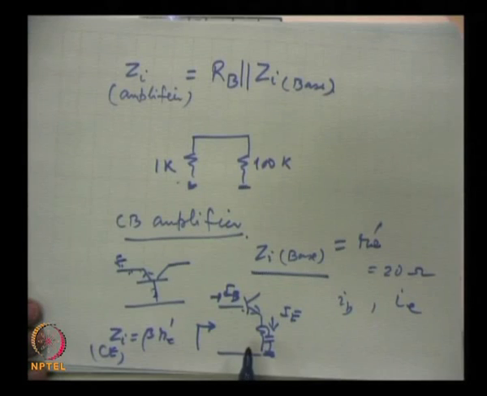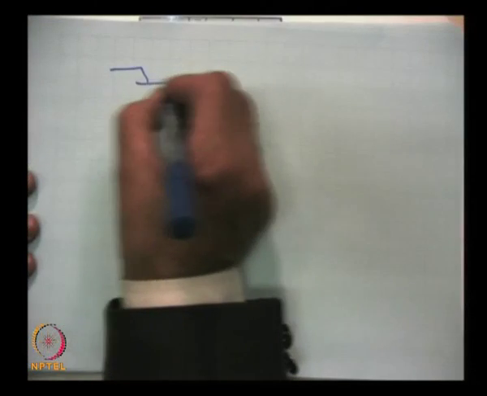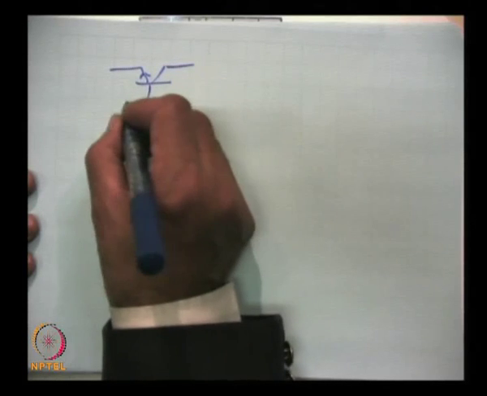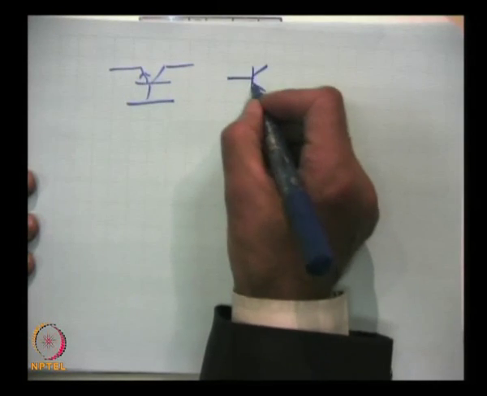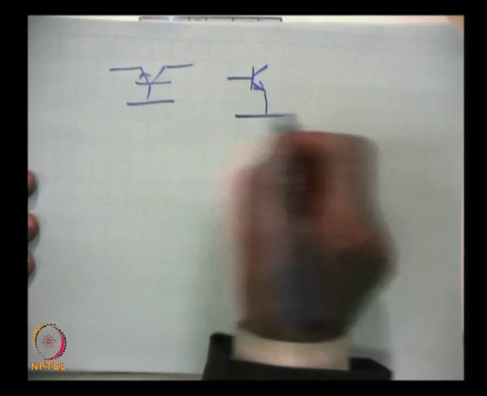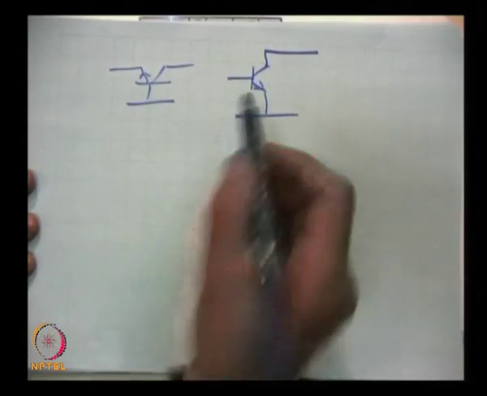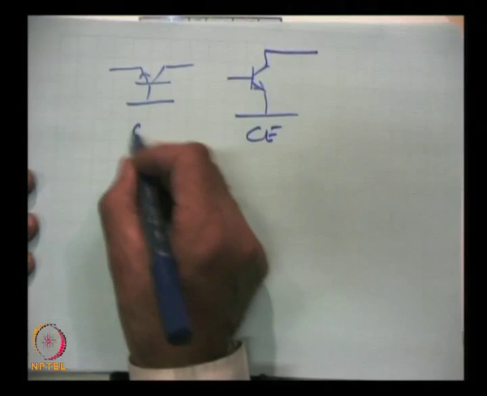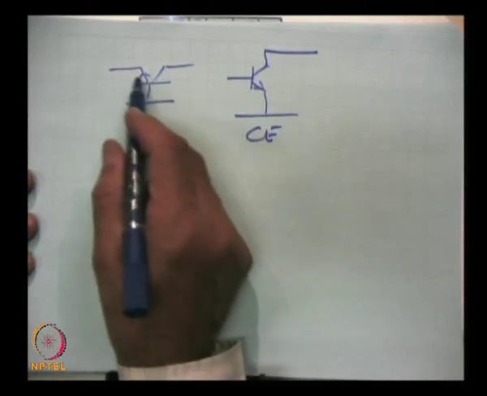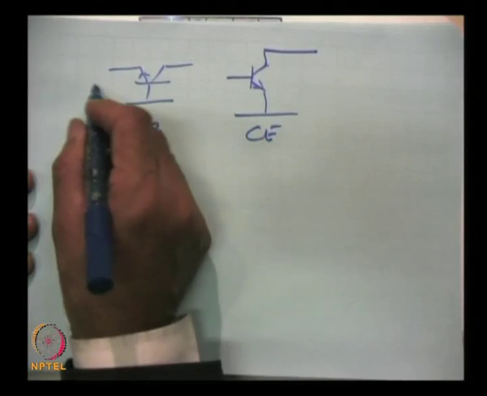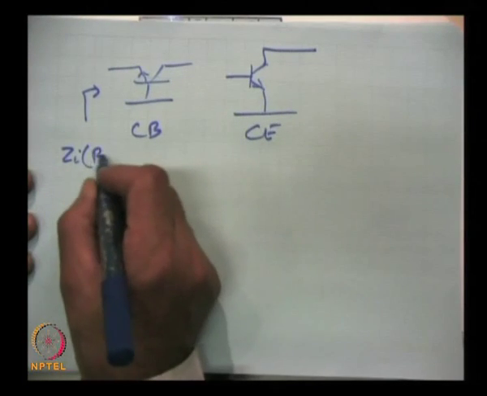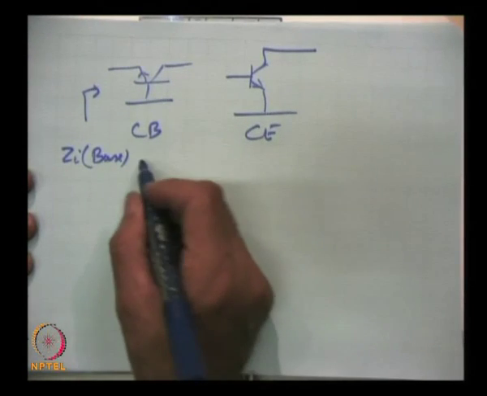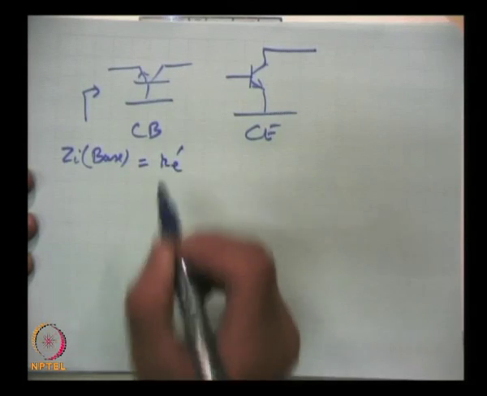How is that? Same junction here, this is common base and this is common emitter, C E, this is C B. In this case the impedance as seen here Z I base is equal to R E prime.